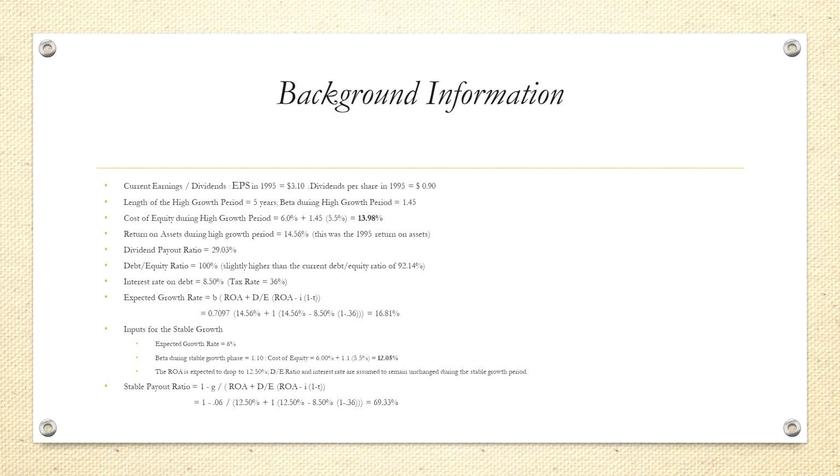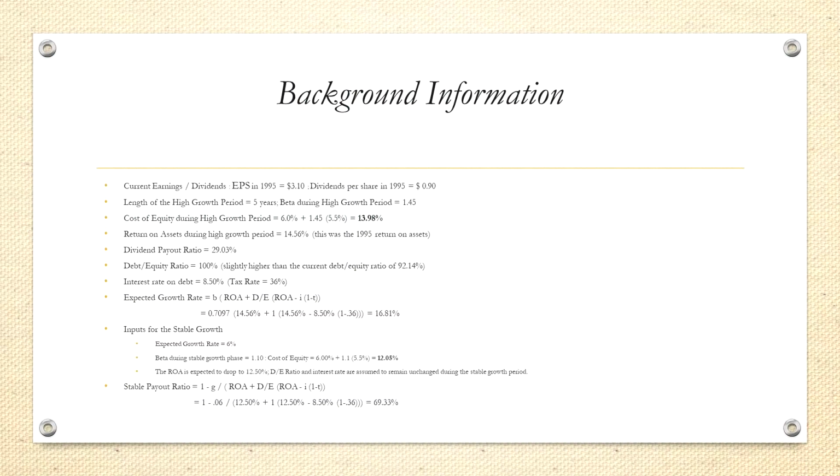But for the second stage, when beta is going lower, then we should have a lower cost of equity. So beta during the stable growth time period will be lower. Let's assume 1.1. If that is the case, then the cost of equity during the stable growth time period would be 12%. Previously, the cost of equity during the high growth time period was about 14%, but for the constant growth time period, you see, it's 12%.